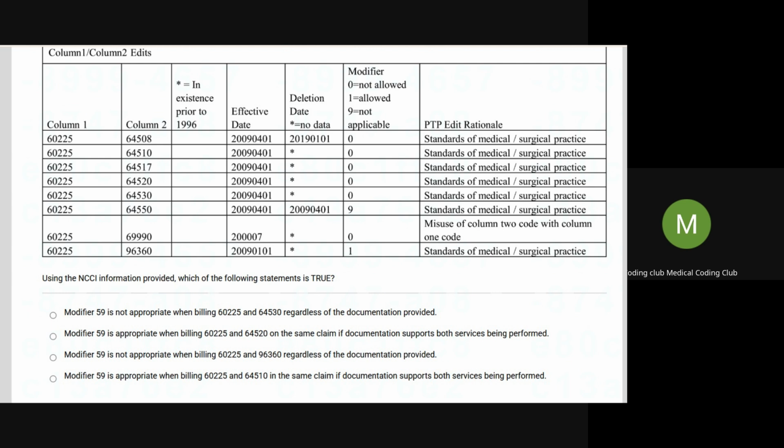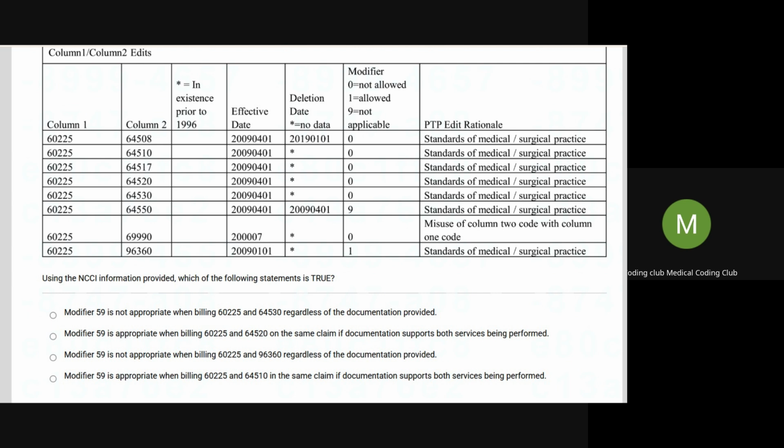So we check this in the NCCI edit software: 60225 and 64510. Here it is, the second one.